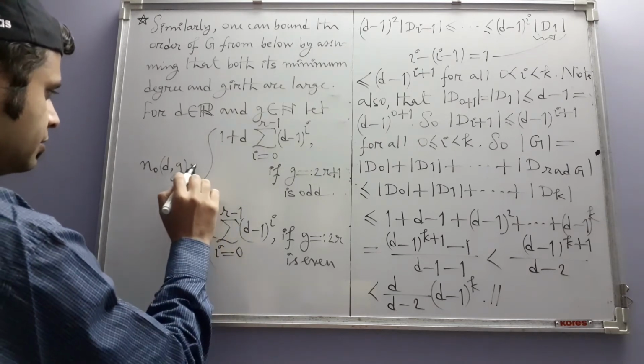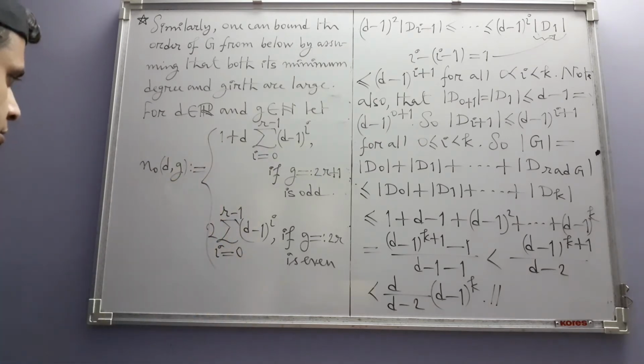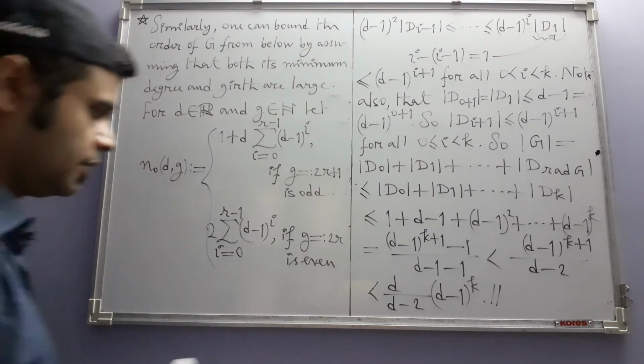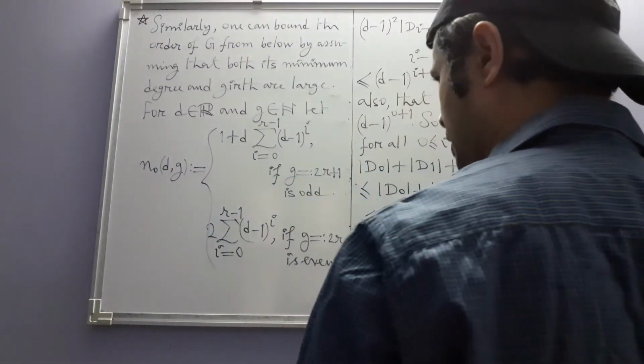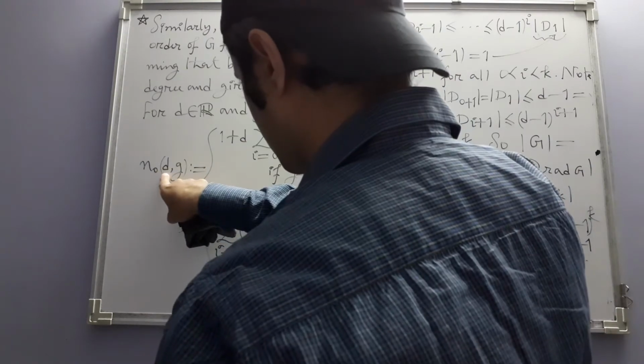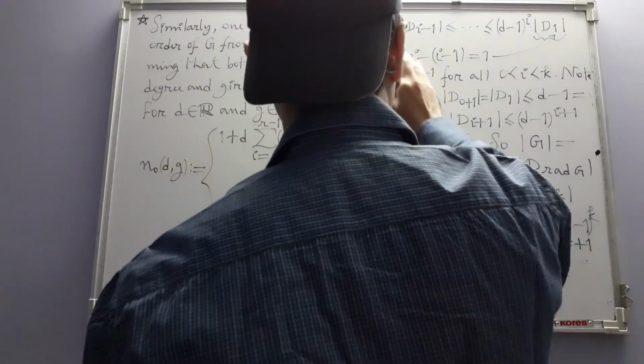Say we define our quantity like this. It is some number defined in terms of the real number d and the natural number g.